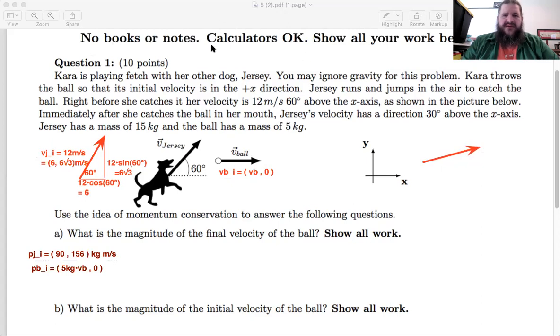So that'll be v final. And it's the same v final for both. Any questions on that so far? And we could split that up again into x and y components. Based on the fact that we know the angle is 30 degrees, what does that tell us about these components?